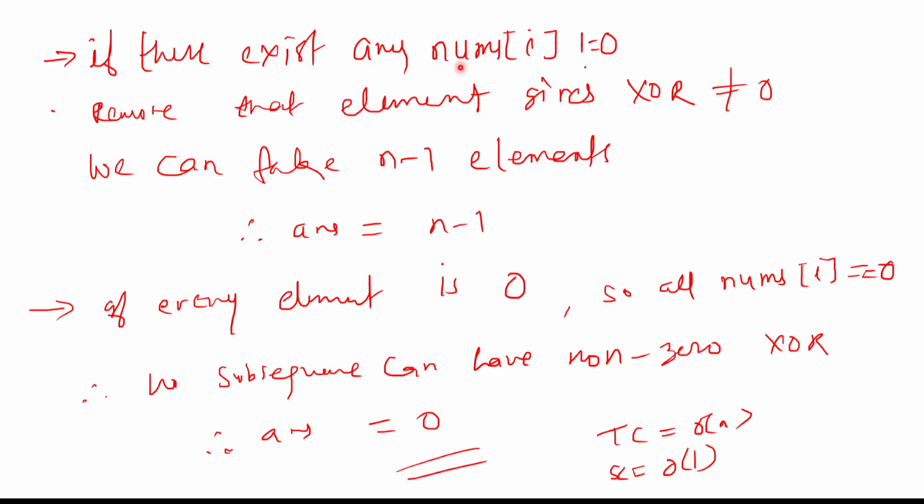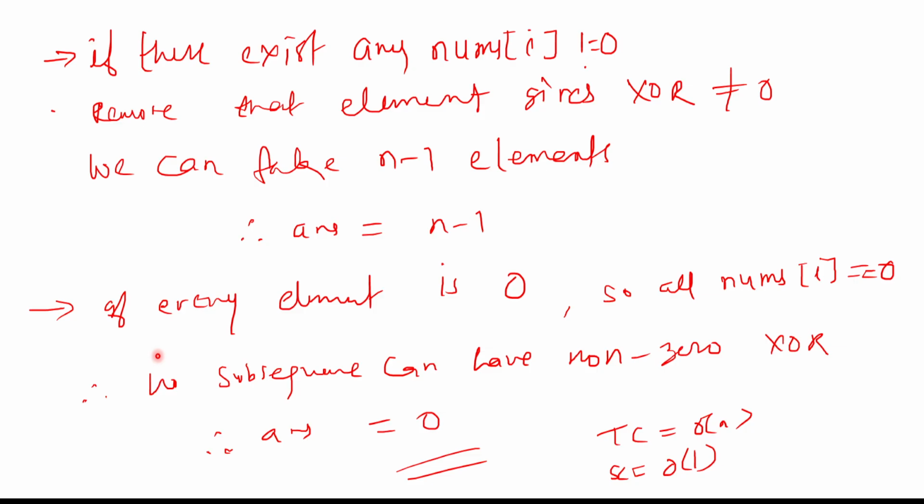So if there exists any number which is not equal to 0, we remove that element, and that gives you an XOR not equal to 0. If any element is 0, we have to remove it, so that we get an XOR value not equal to 0. So we can take n-1 elements.